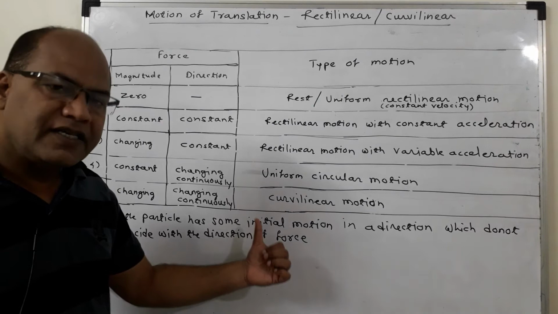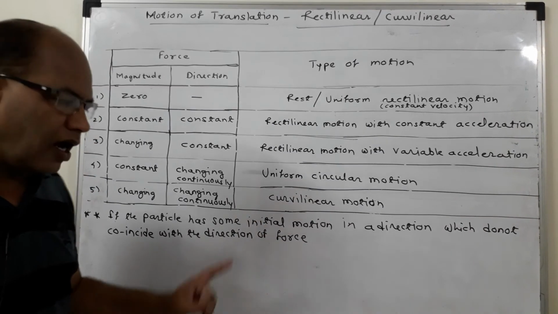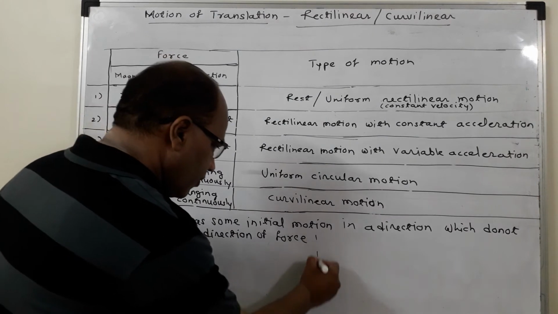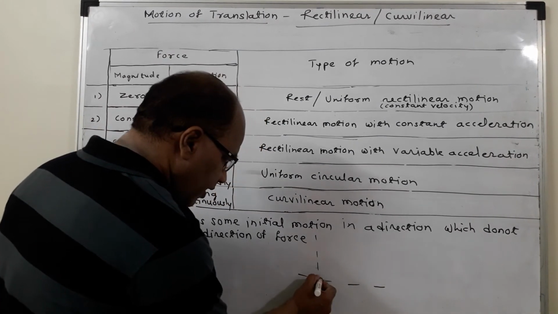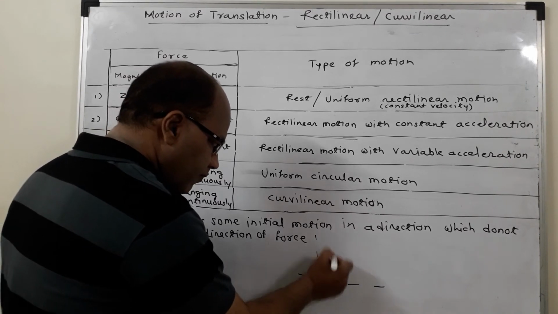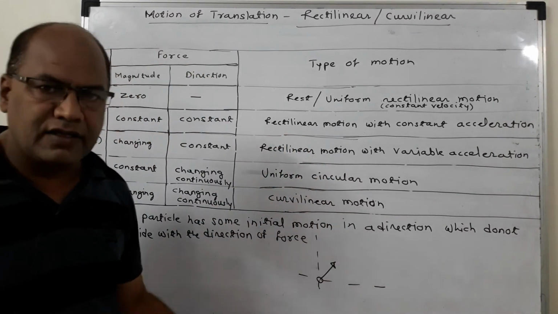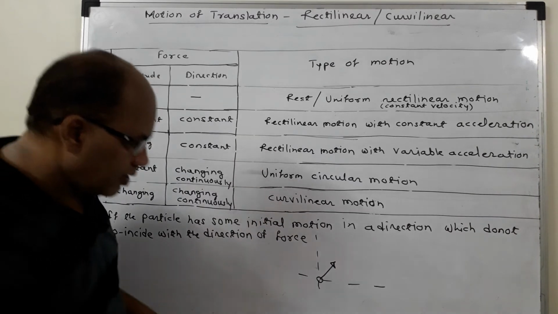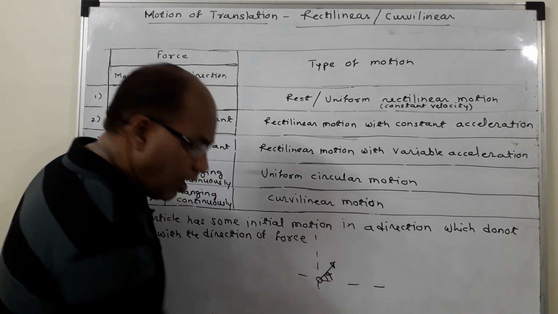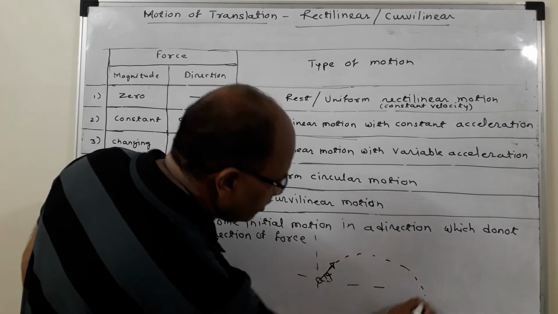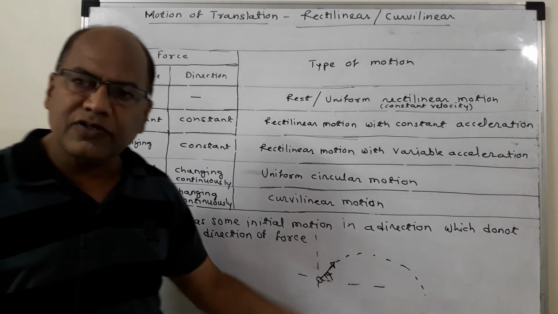This is a special case of curvilinear motion and is called projectile motion. It can be discussed with the help of an example. Suppose there is a stone, and it is thrown along a certain direction other than vertical. So if I throw a stone along a certain direction other than the vertical, the stone is going to perform a curvilinear motion like this, which is called projectile motion.